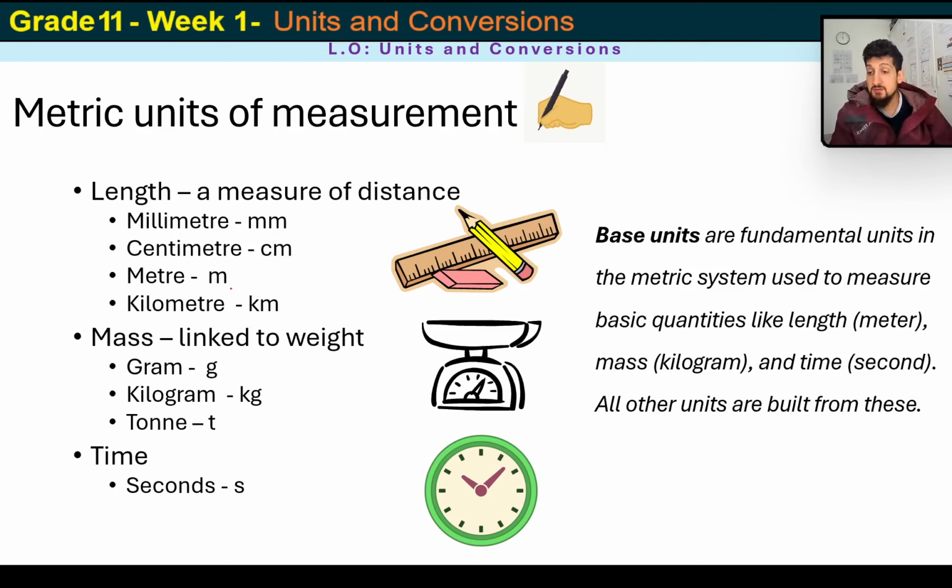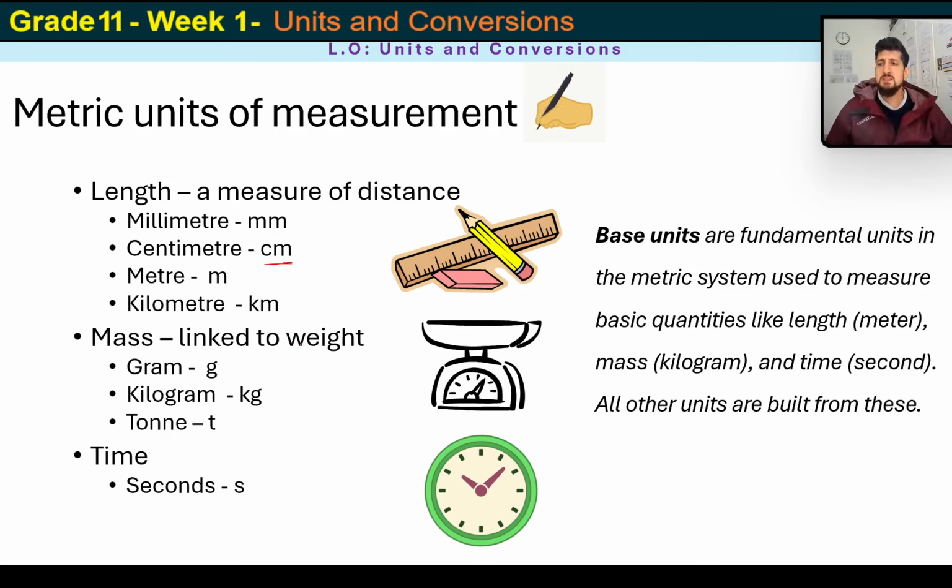Right, so let's have a look. We also have centimeters, which is 1/100. We have kilometers. The word kilo, as I have mentioned in class, just means 1,000. If you see kilo, it means 1,000. So kilobytes means 1,000 bytes. Kilometers means 1,000 meters. Kilograms means 1,000 grams, and so on and so forth. So kilo just means 1,000.